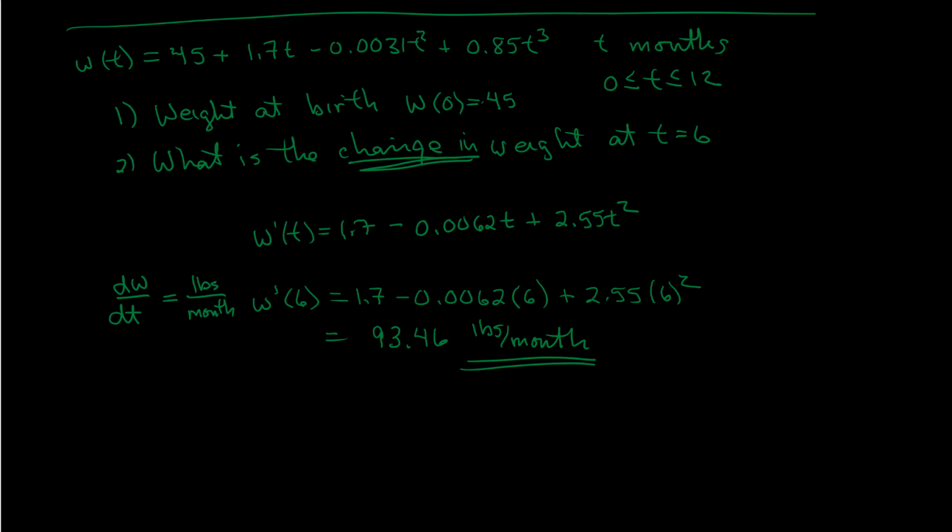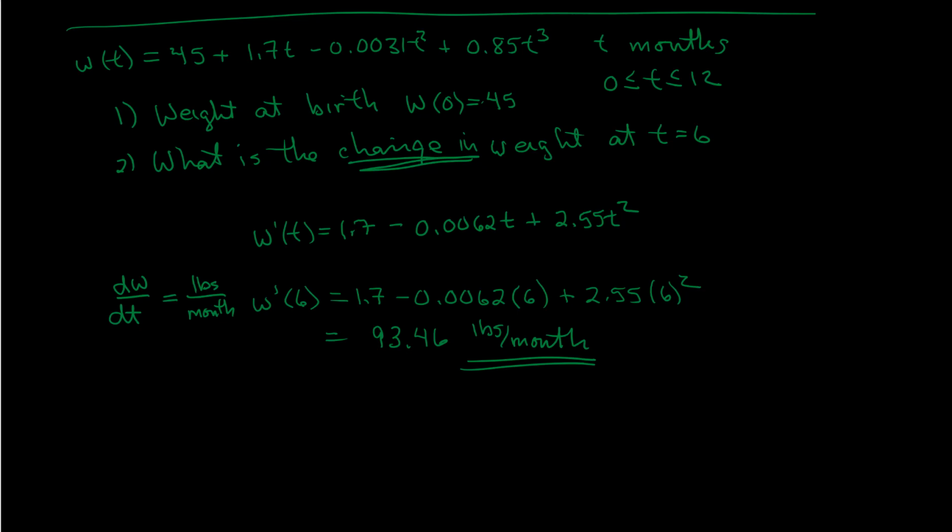The derivative of this first term is 1.7. The derivative of this second term is a negative 0.0062. The derivative of the third term is 2.55 t squared. So that gives us our three terms, adding and subtracting appropriately, just like is suggested in the sum difference rule.